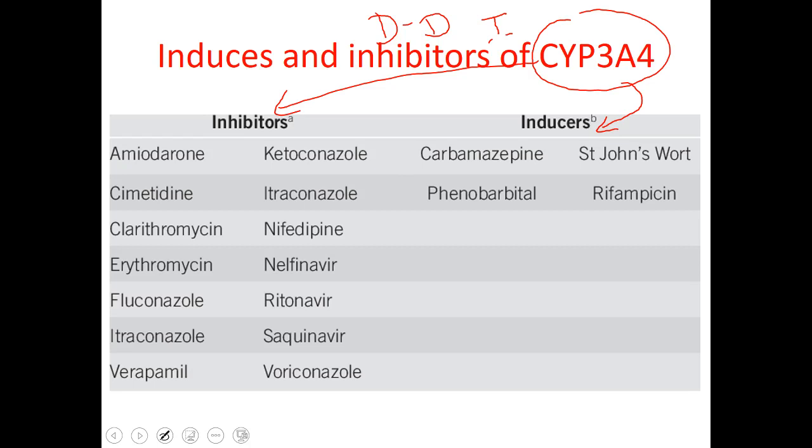Although you are yet to know about the names, the only name you may be familiar with until now is rifampicin, which is often used for tuberculosis. We also have certain anti-epileptics like carbamazepine, which we have seen in patients with acute rheumatic fever.